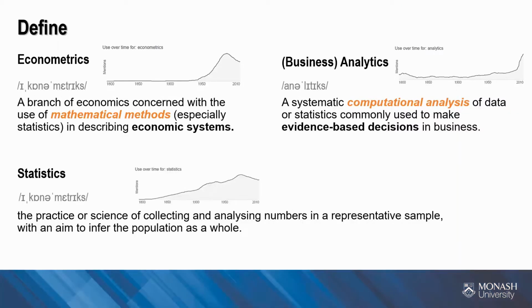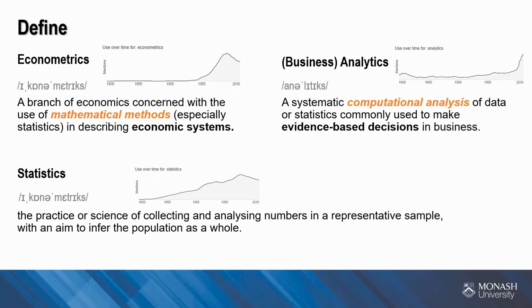Now let's look at what is econometrics, what is analytics, and what is statistics. So let me start with statistics first. Statistics is basically the way that we collect and analyze numbers in a representative sample, and basically we want to look at the population as a whole.